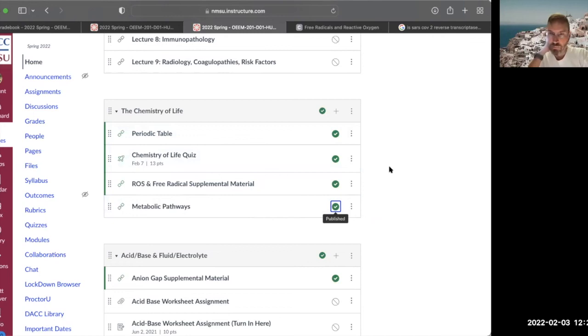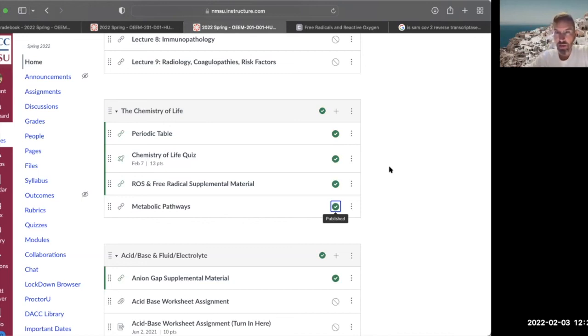These are going to include pathways that are critical for energy production in the cell, things like glycolysis, the Krebs cycle, the electron transport chain, the urea cycle and the Cori cycle, right? So this is just going to be kind of a basic rundown of those. And so I want you to go through those videos.